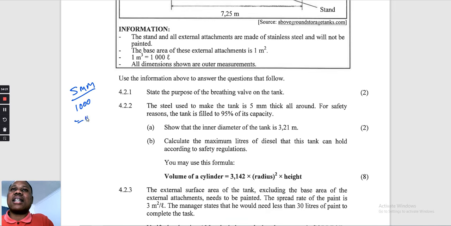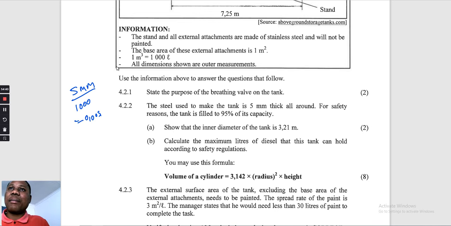That will give us 0,005. Okay, so what do we do now?